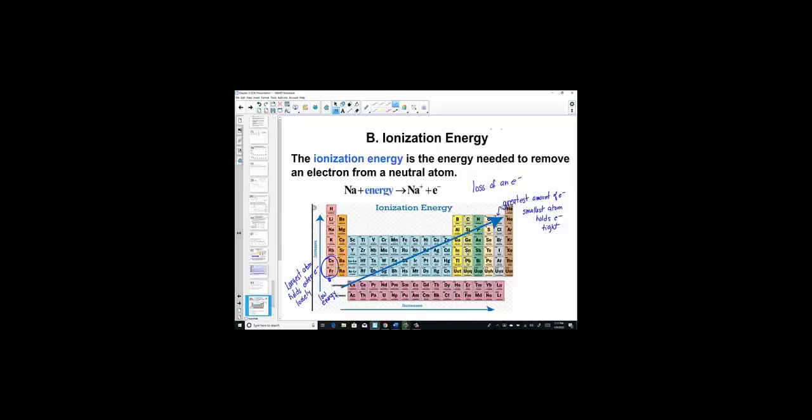The highest ionization energy, that energy needed to remove an electron, the greatest amount of energy, are those atoms that hold the electrons tight, tight, tight to its nucleus, the small nonmetals, such as fluorine. And we can see a very similar trend between size of atoms, big down here, small up here, high ionization energy, low ionization energy.